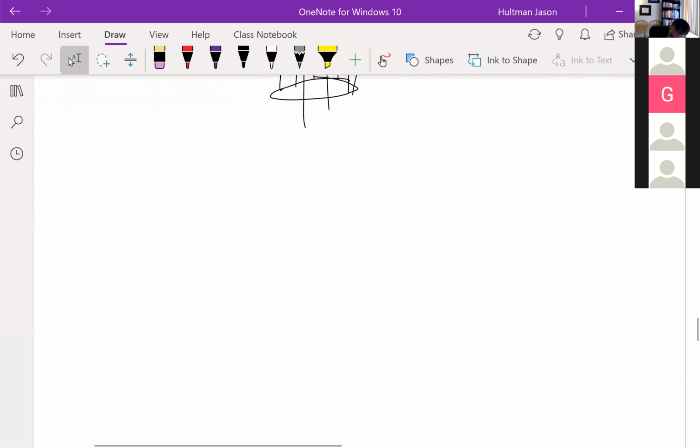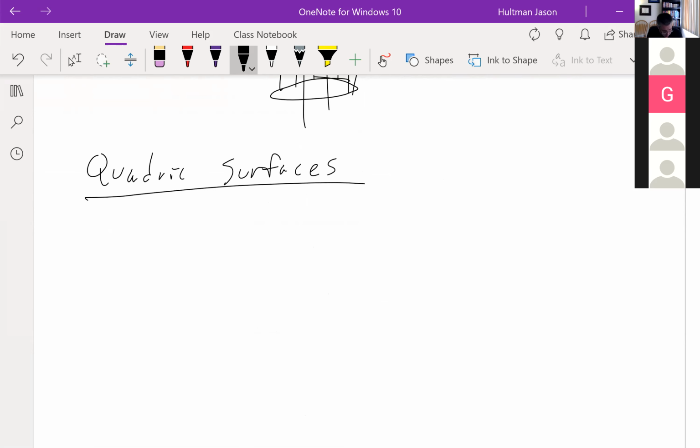Okay, let's talk about quadric surfaces. We need to talk about what a quadric surface is. What was a conic section?